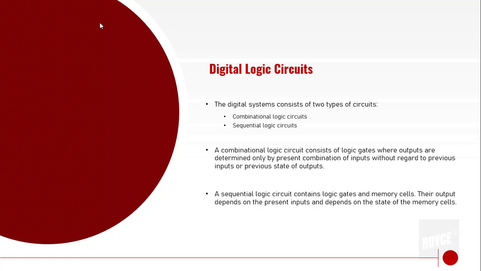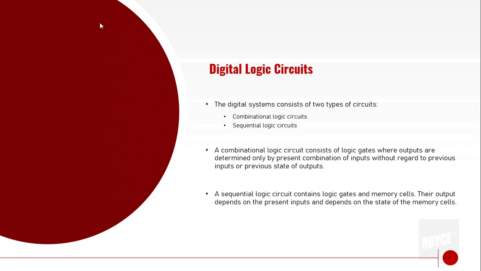On the other hand naman, our sequential logic circuit is a little bit more complicated. Why? Although this is also made up of logic gates, now sa sequential logic circuits we have what we call the memory cells.